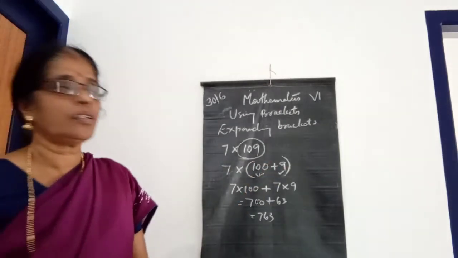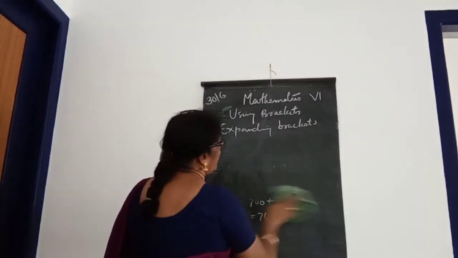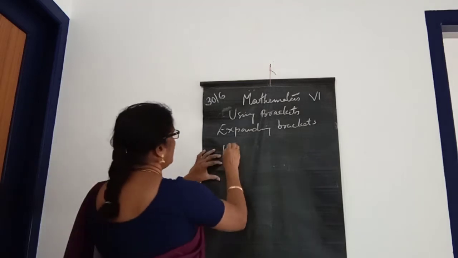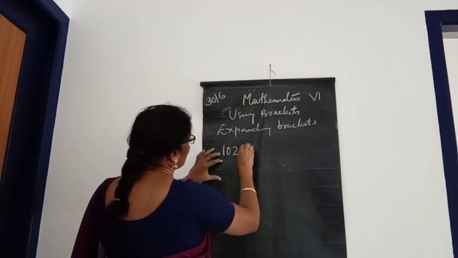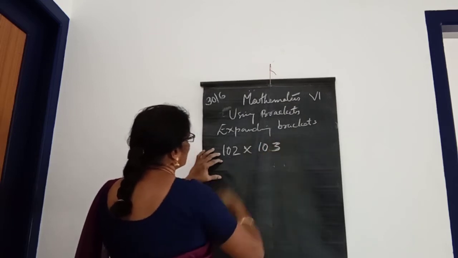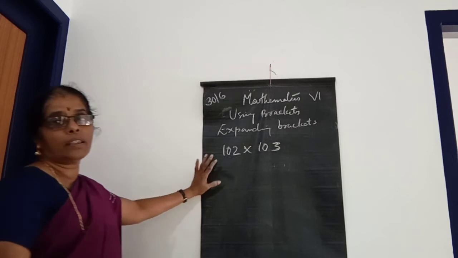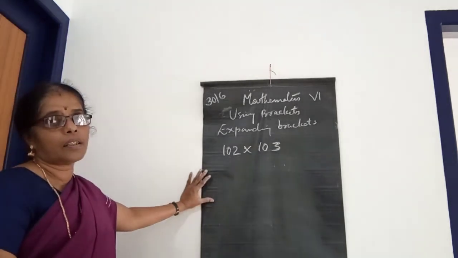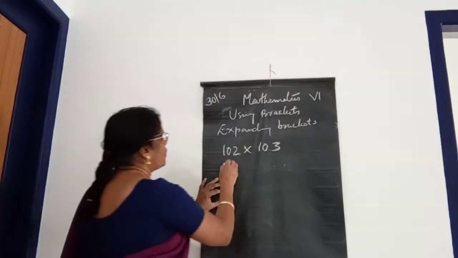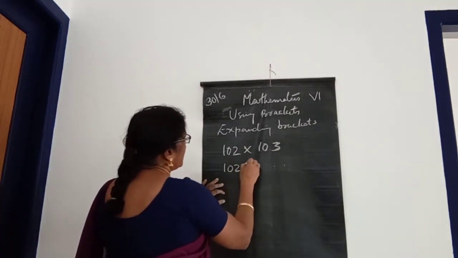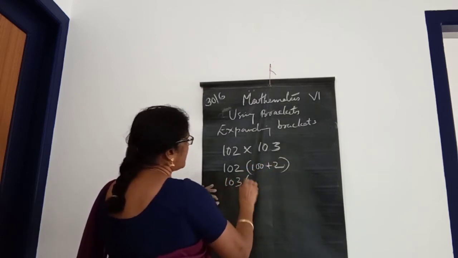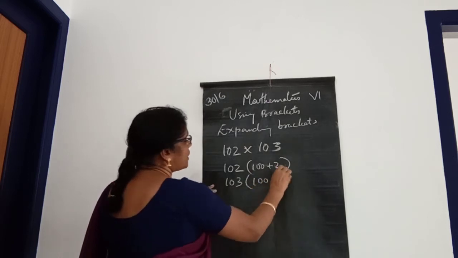Okay, then another one, with 2 digits. Next one, 102 into 103. Small numbers. Here we can expand both numbers, isn't it? 102 is 100 plus 2 and 103 is 100 plus 3.